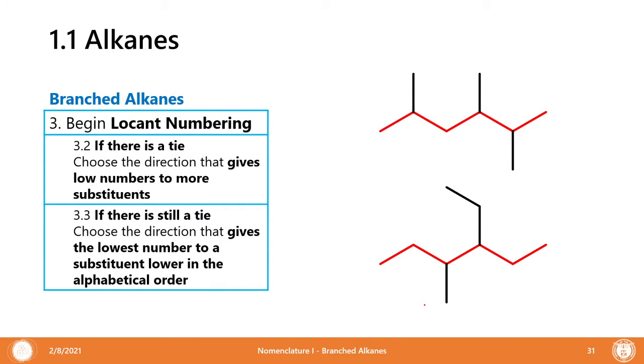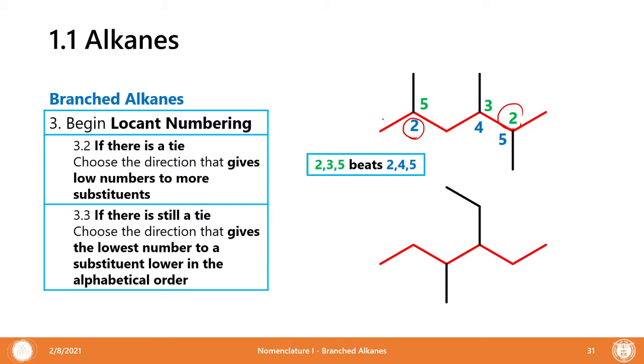Now, here are some tie cases in locant numbering. You may encounter these, and this is how to solve them if you encounter a tie. Let's say for example this one, we have two directions, and we should look at the smallest number on each direction, and as you can see they are both 2. So when we compare them together, we cannot reach a decision. What we have to do is look at the whole set.